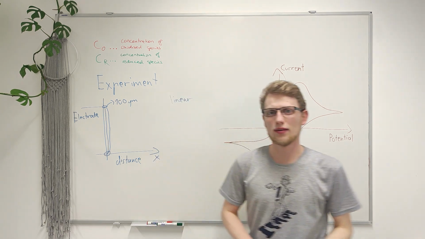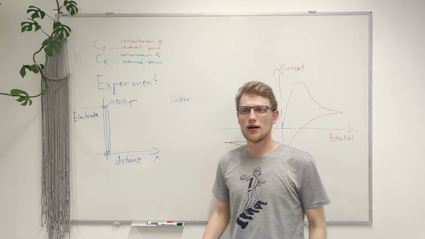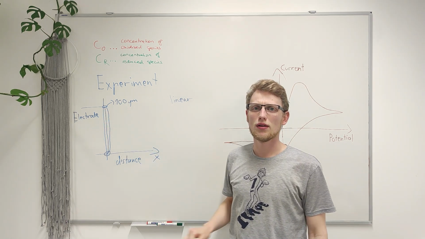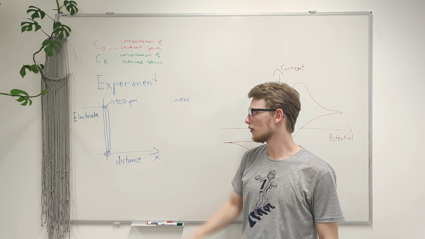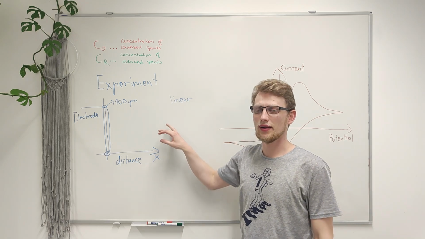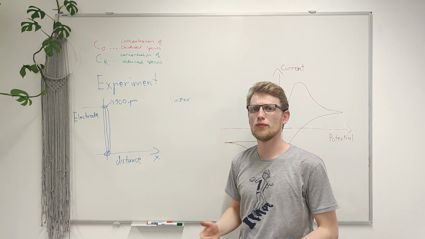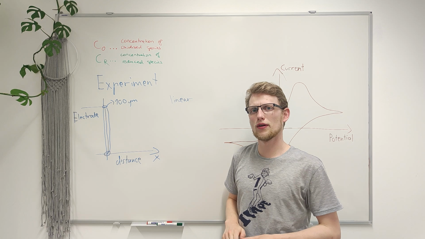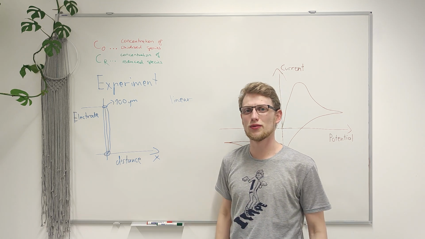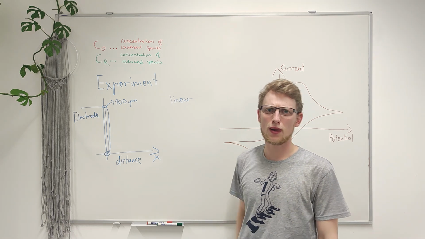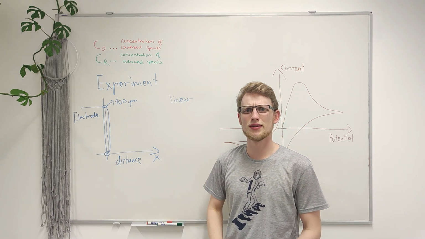There's a second comfortable thing about this. Since this diffusion layer is so small, it's not really important how far the electrolyte is going. We can always assume, as long as we have not some microfluidic system or something, that this can also go on forever or just a few centimeters. It doesn't matter.